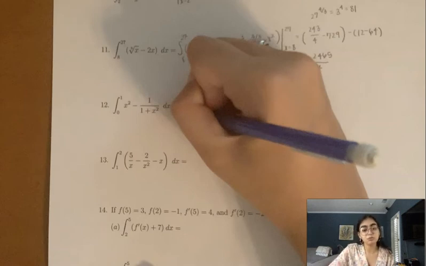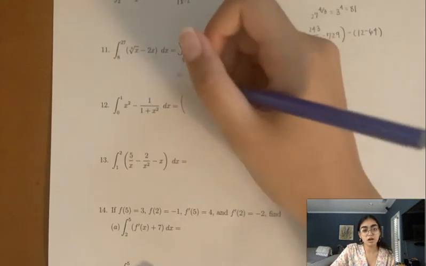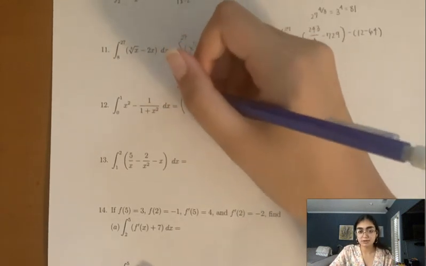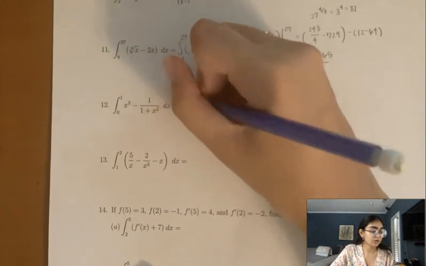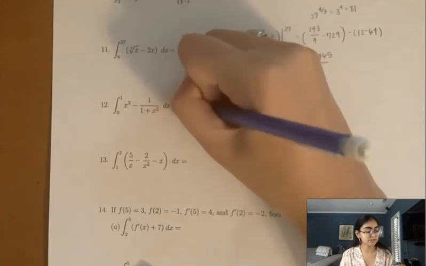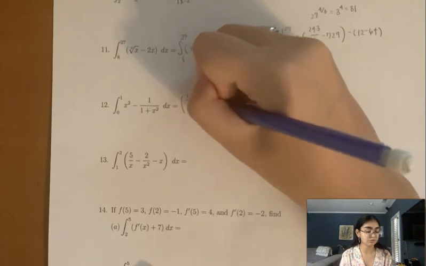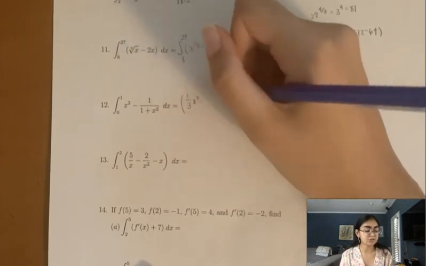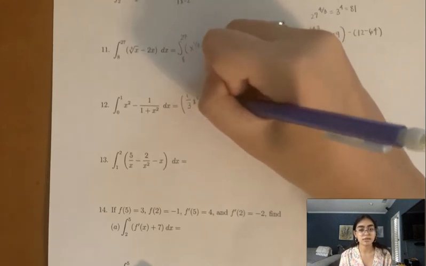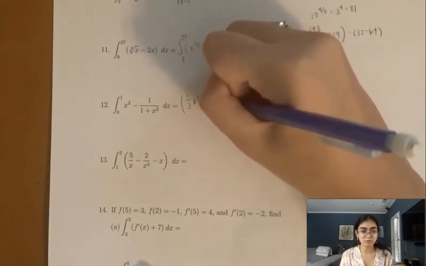So we can deal with x squared using the power rule to find its antiderivative. And we're going to get 1/3 times x cubed, because we add 1 to the original exponent 2, which gives us 3, and then divide by the new exponent 3, and that's why we get 1/3 times x cubed.